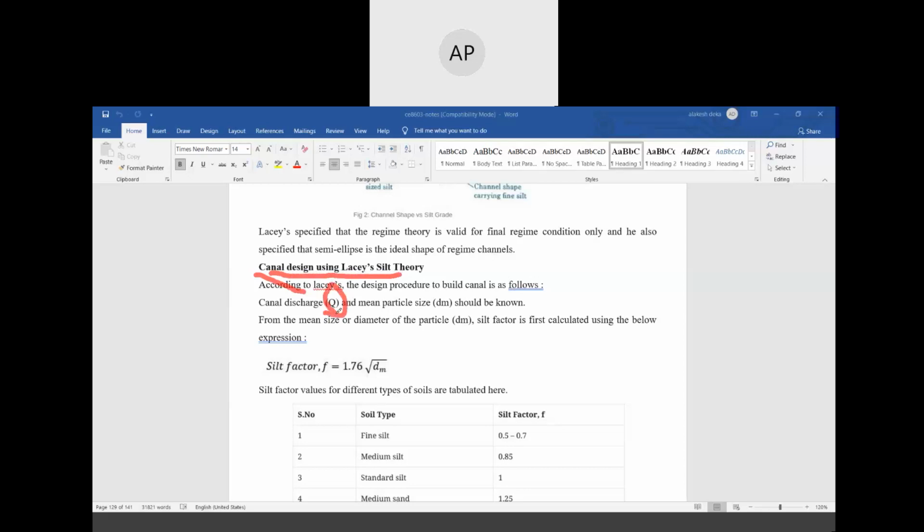Canal discharge Q and mean particle size dm should be known. From the mean diameter of the particle dm, the silt factor is first calculated using this expression: f equal to 1.76 root over dm.